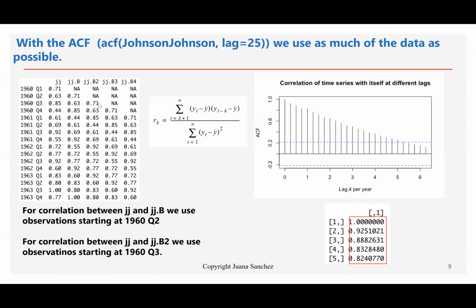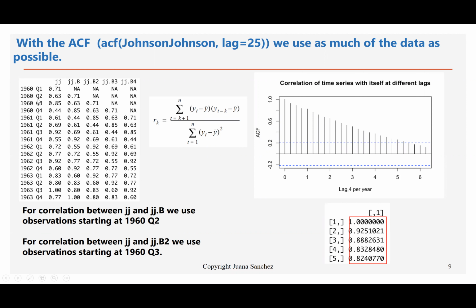But notice that if we calculate the correlation between YT and YT minus 1, we could start at quarter 2, whereas for the correlation between YT and YT minus 2, we will have to start at quarter 3, because the others are missing. With a correlation between YT and YT minus 3, we could start at quarter 4.